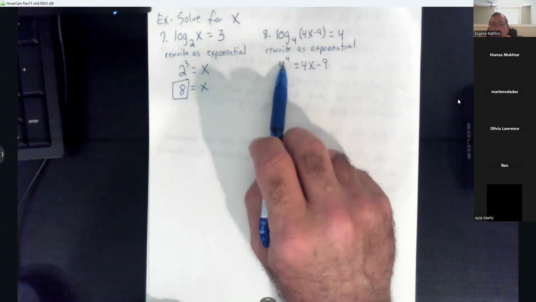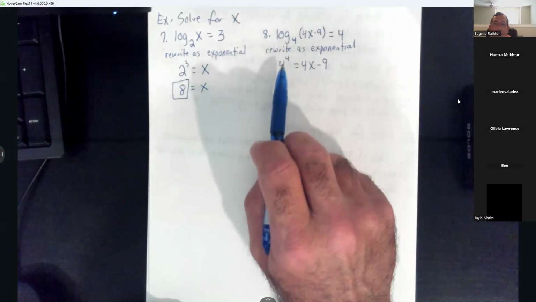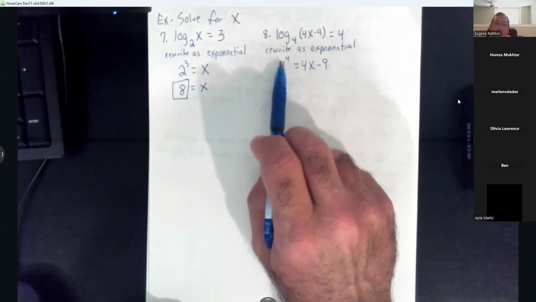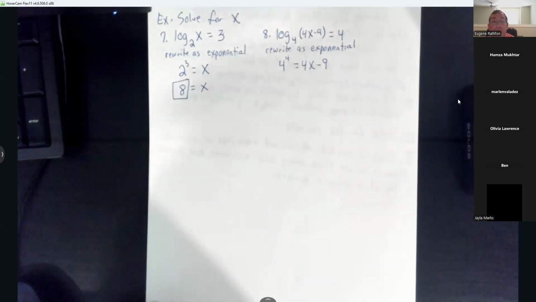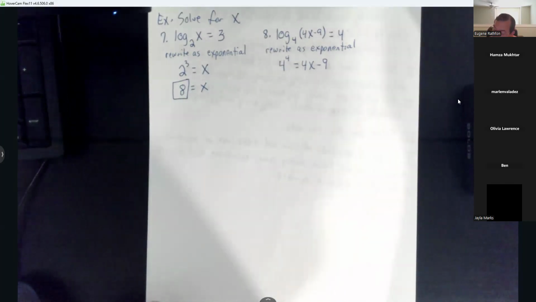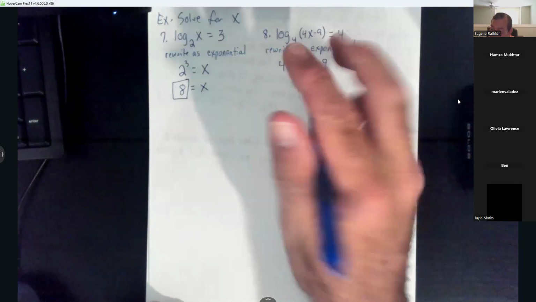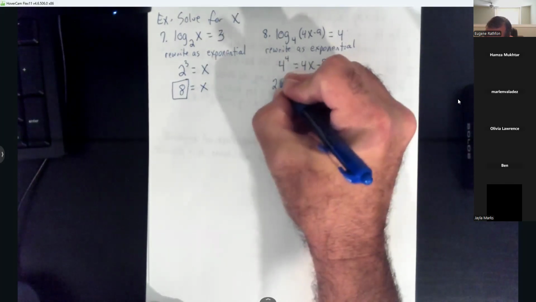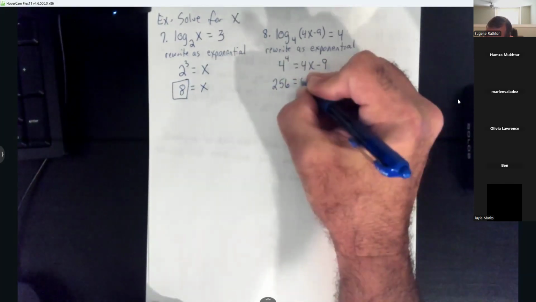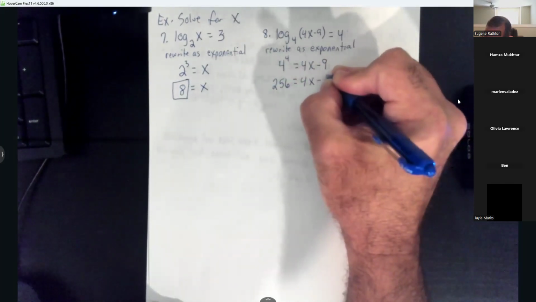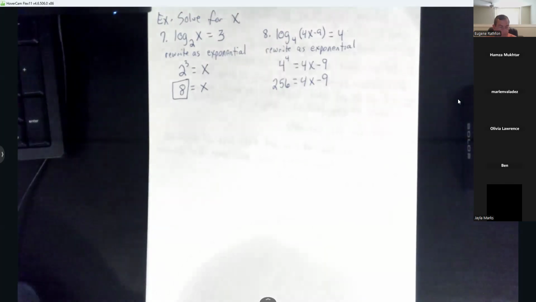All right, so let's figure out, 4 to the 4th. Ooh, we know that by now. 4 to the 4th was what we rewrote a certain number as a while ago. So 4 times 4 times 4 times 4, remember, was 256. That's going to equal 4x minus 9.